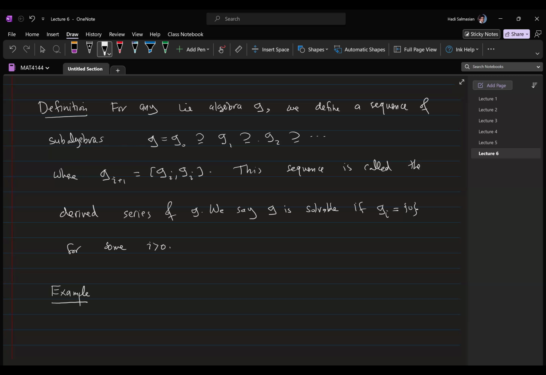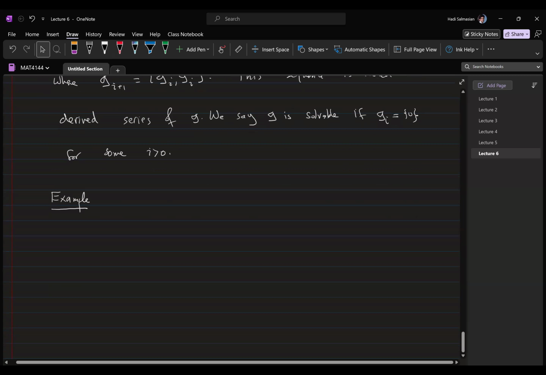Yes? The strictly upper triangular, or even just the triangular ones, right? So you take G to be the Lie algebra of matrices which are 0 below the diagonal and arbitrary on the diagonal, with entries in C, so the upper triangular matrices.